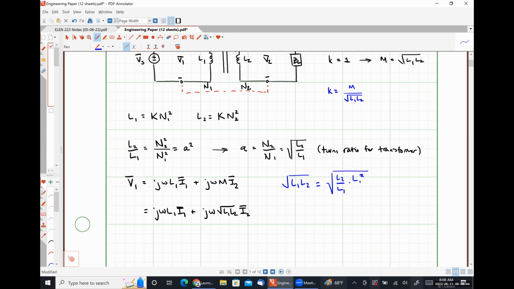Are we okay with that? Anybody have any problems with that algebraic leap? Okay. Well, this is nothing more than my turns ratio times L1.